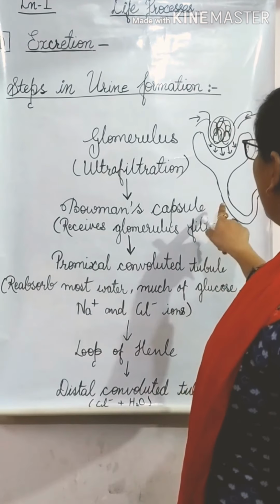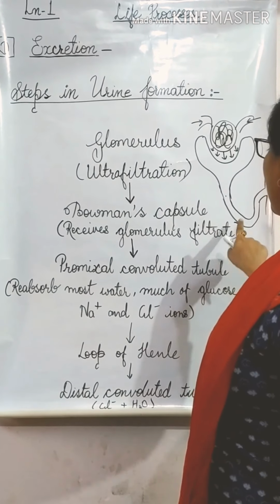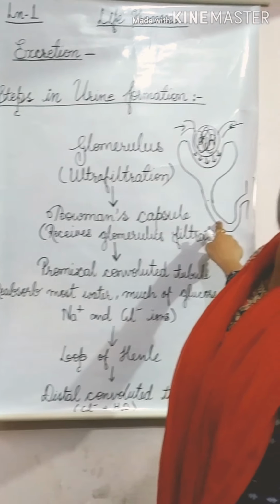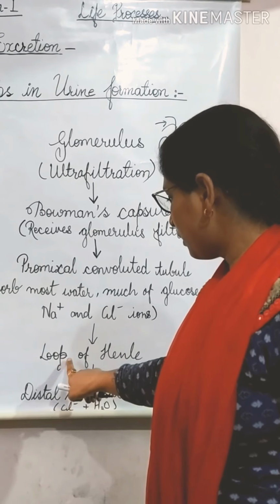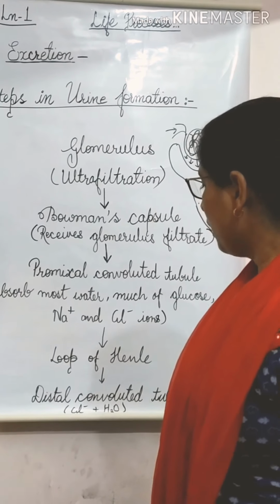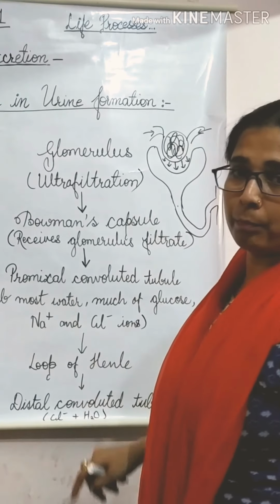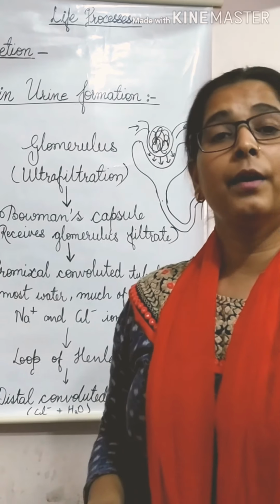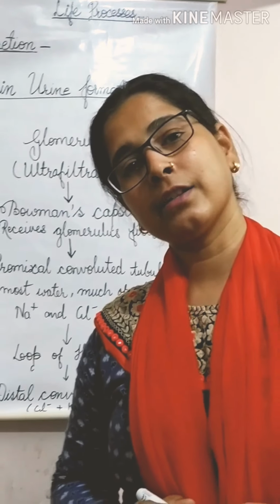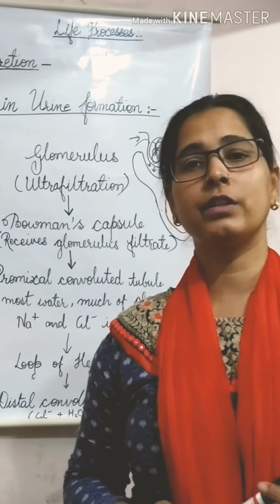After that, the PCT passes the remains to the loop of Henle. And this loop of Henle passes the urine to the next part, that is your DCT, distal convoluted tubule.